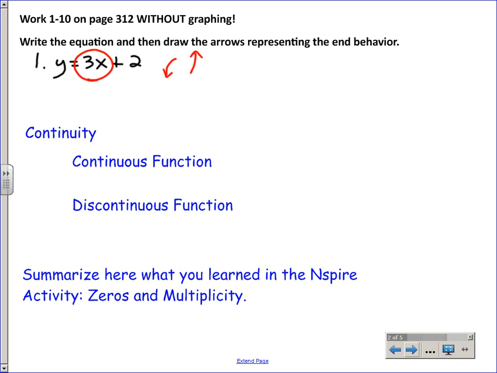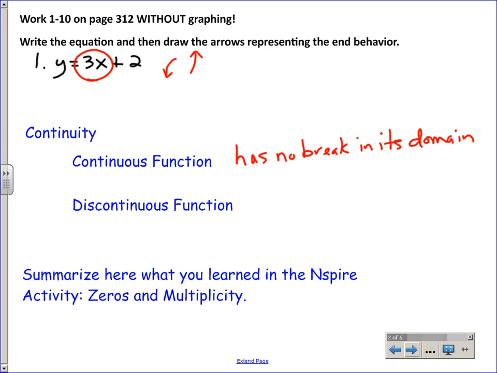Okay, well, hopefully you've done the end behavior problems, and now we'll talk about continuity. We have only really worked with what are called continuous functions, and a continuous function has no break in its domain, which means it has no gaps, no holes, no jumps, no steps.